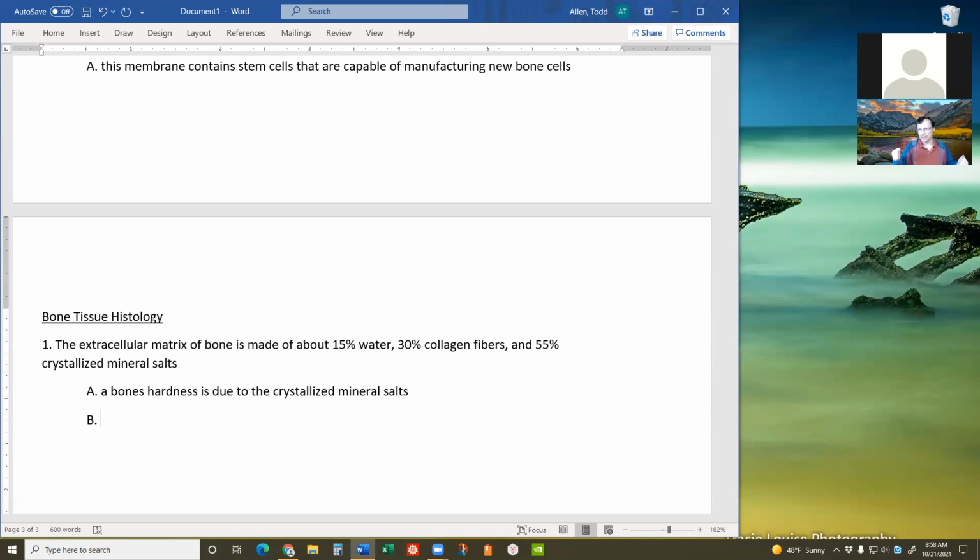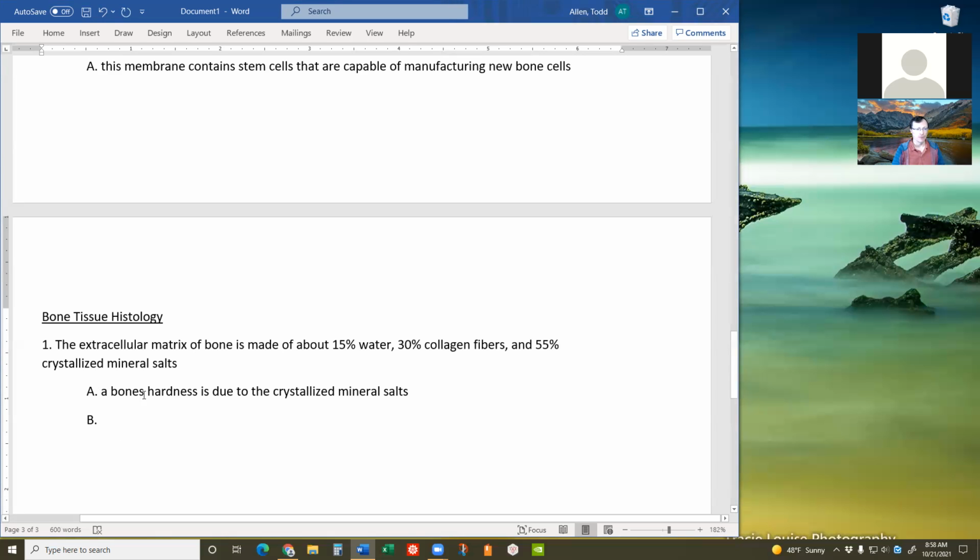They're not the hardest things in the body. That would be the enamel of your teeth, right? But bones are still pretty hard. Even though bones are hard, they are somewhat flexible. They need to be a little bit flexible to handle some physical stress so they don't break or snap because they're overly brittle. So a bone's flexibility is due to the collagen fibers that are part of the extracellular matrix.